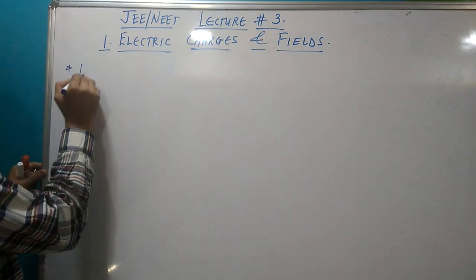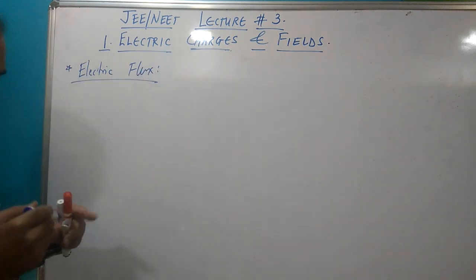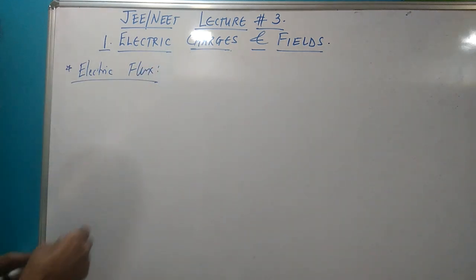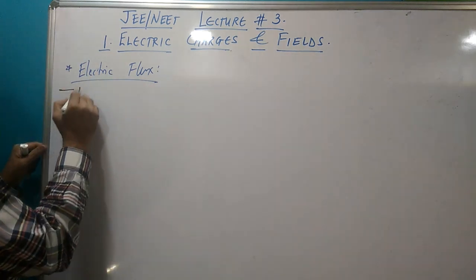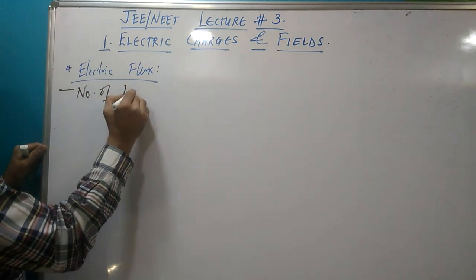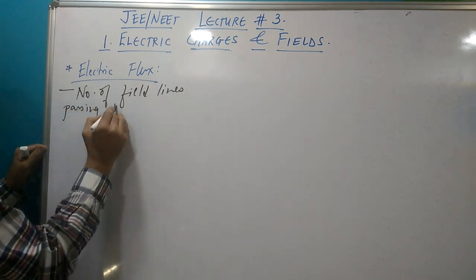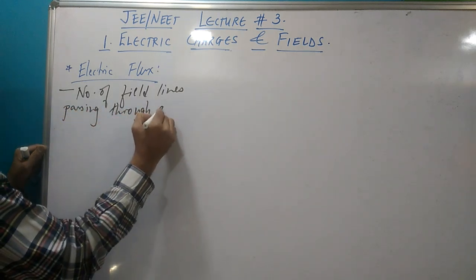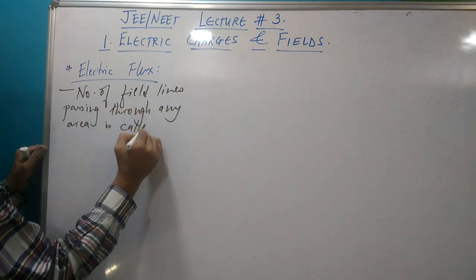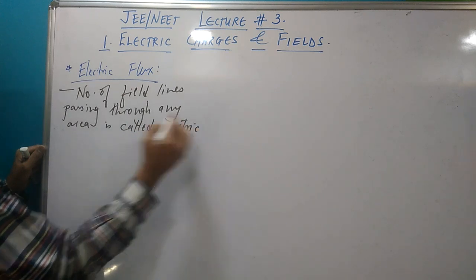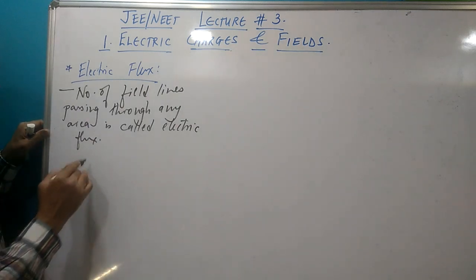So if I were to write out a definition of electric flux, it would be something like this, that the amount of field linked with any area, the number of field lines passing through any area is called electric flux.